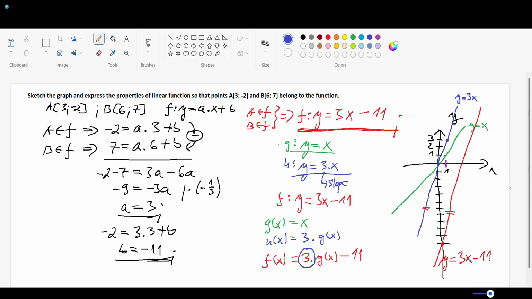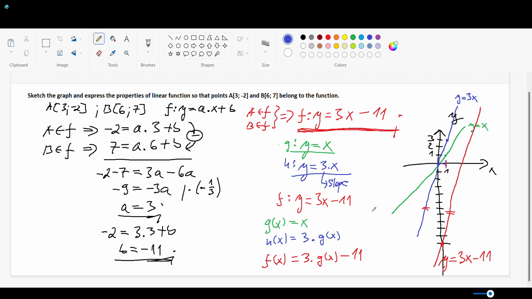The first transformation is that we multiply each y value by the number 3 and then we take away the number 11. That's why all the points from my blue line are 11 points above the points from the red line. So this point is here, and my new point would be somewhere here, and this distance is 11.